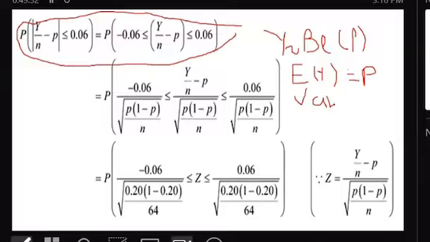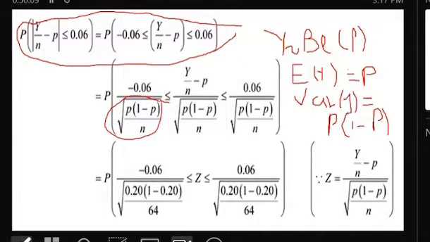Because we're talking about proportion. Now let's take a look at this. If the expected value of Y equals P, then the expected value of Y bar will be P. If the variance of Y equals P times 1 minus P, then the variance of Y over n will be P times 1 minus P divided by n. What would be the standard deviation? And that was why you got this guy here. Take a look at that.